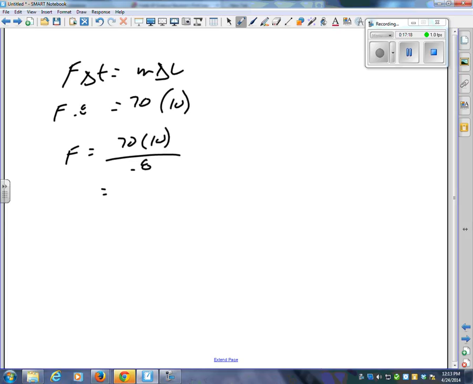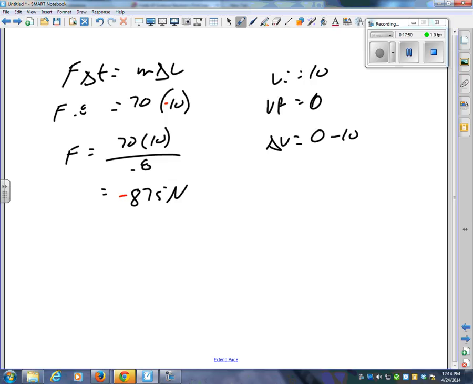But why is it a minus? It's because the final velocity is 0, right? The initial velocity is 10, the final is 0, so the delta v technically is 0 minus 10. So the force is negative. It just means that there's a negative force applied to this person. 875 Newtons, that's quite a bit.